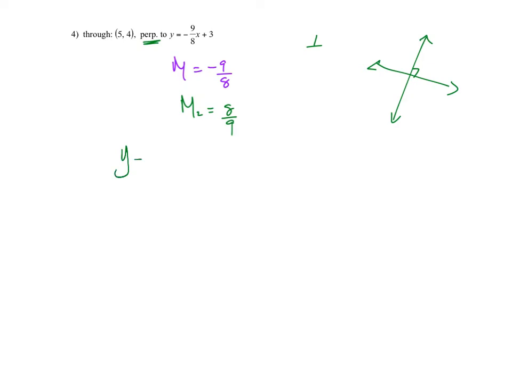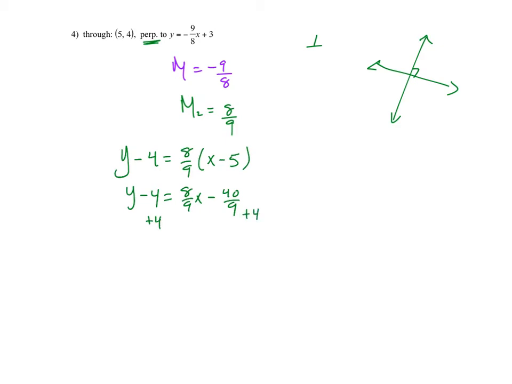Now again, I'm going to use the point-slope form. So y minus 4 equals 8/9 times x minus 5. So I have y minus 4 equals 8/9 x minus 40 over 9. I'm going to add 4 on both sides.